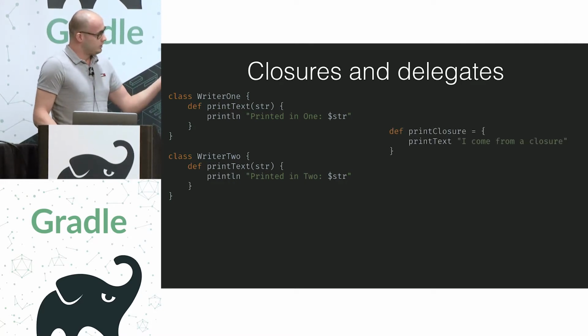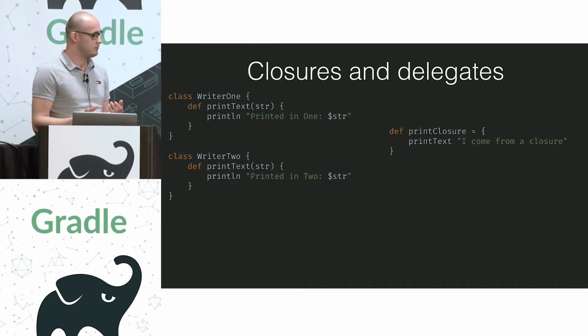And when we create a closure, a closure is just like a Java lambda, but with way more capabilities. So a closure is a block of code which can be executed. What's so important about closures is that they can be executed in a different context than the one they've been written in.